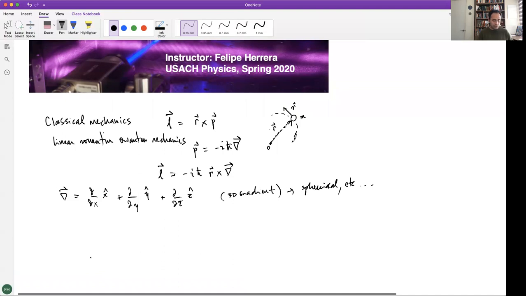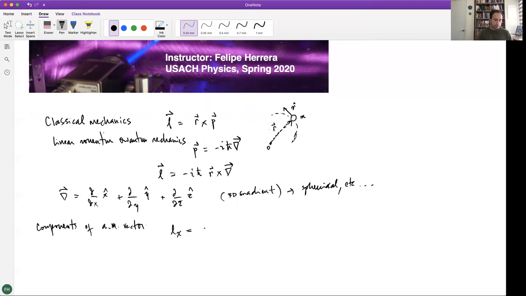Now, what are the components of angular momentum? Components of an angular momentum vector. For instance, what is Lx?